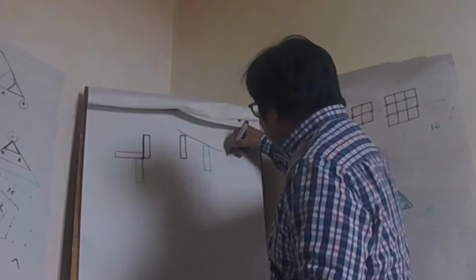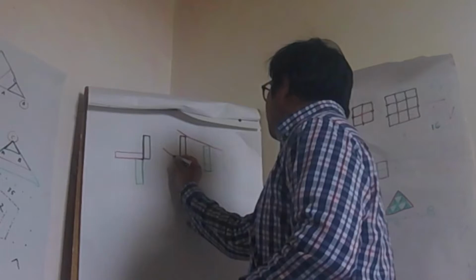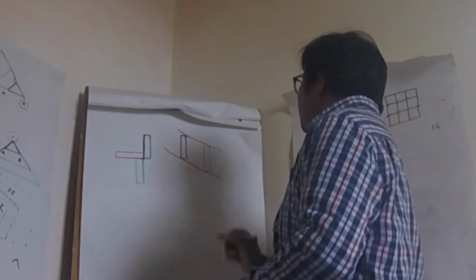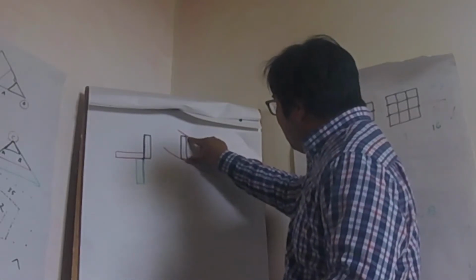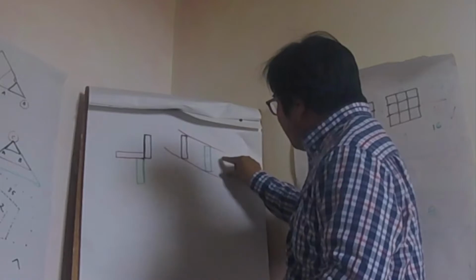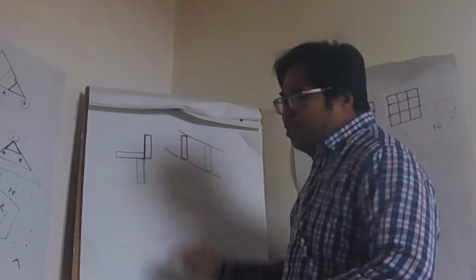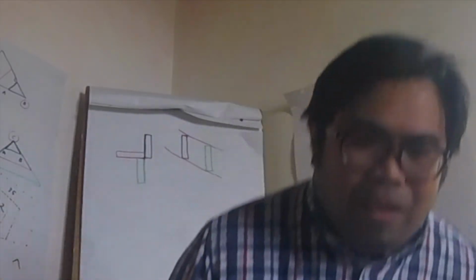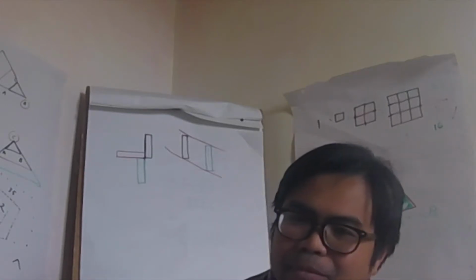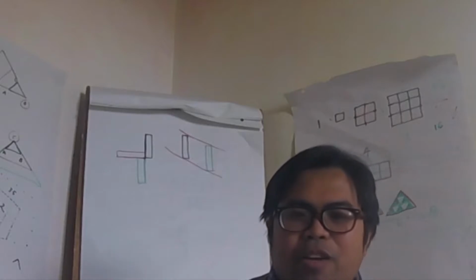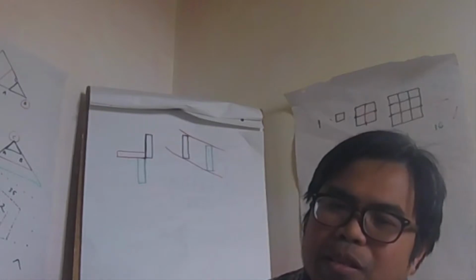Yeah, that's the parallel line that encompasses those. So when you move this rectangle from here to here or here, any part of this you move, that's called a translation. Are there any questions with translation? Okay, no questions.